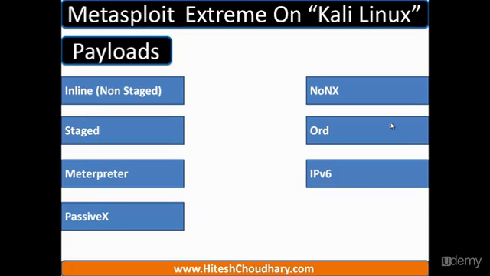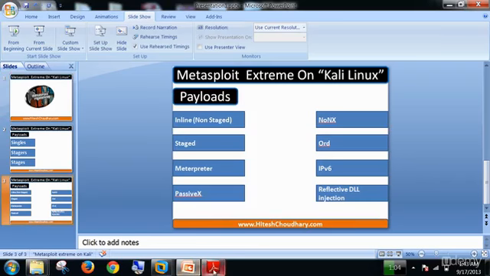Next we have IPv6. Since IPv6 is out in the market for networking, there are exploits for this technology as well. And finally we have reflective DLL injection, which is really the latest one, and I would recommend you read one particular paper, which will be available to you, to find out more about reflective DLL injection.